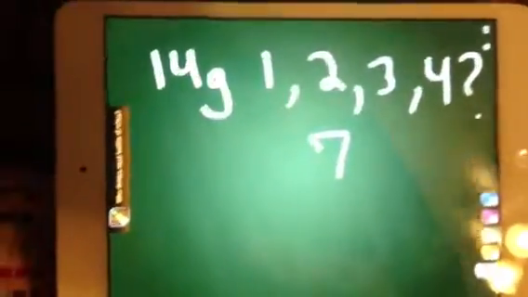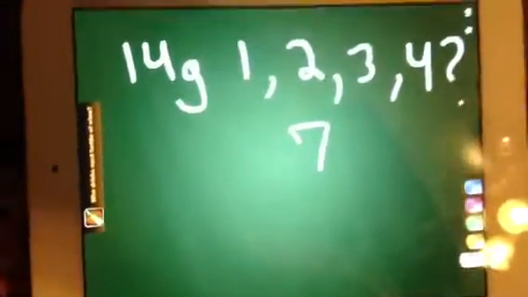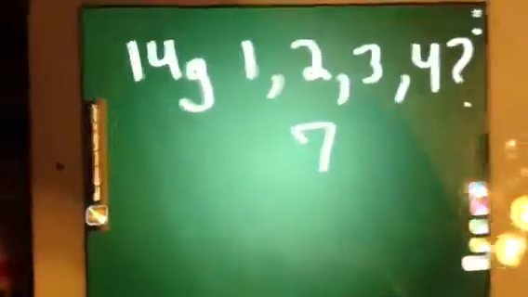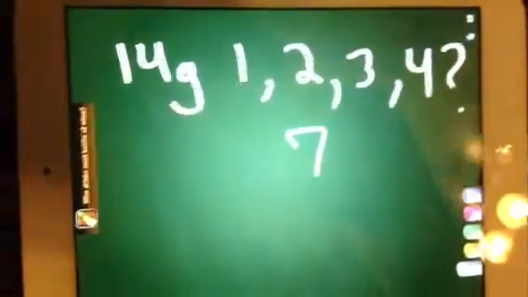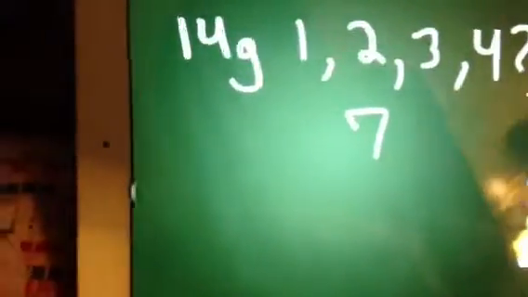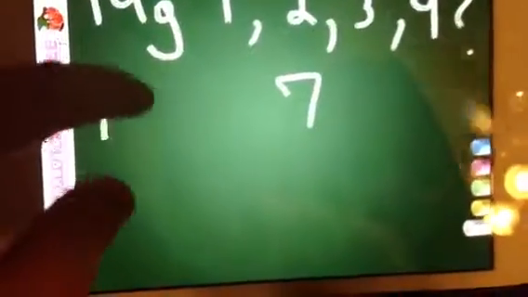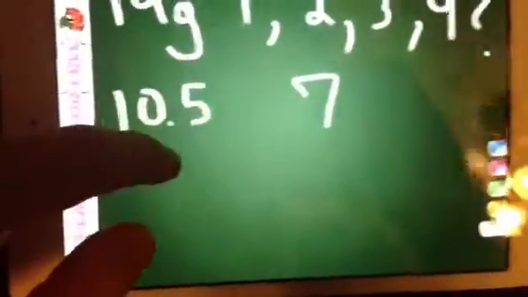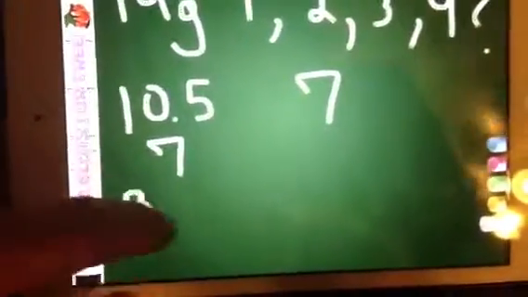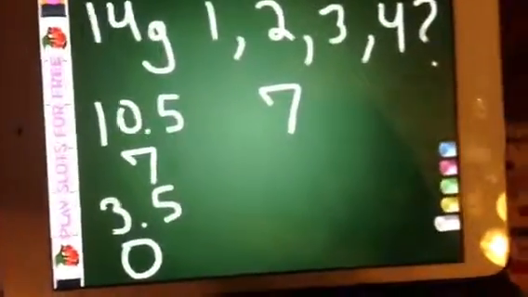So the way we can do this is that if after 2 days we have 7, we know that that's pretty much a quarter every day that 14 grams has lost. So a quarter of 14 is 3.5. So 14 minus 3.5 is 10.5. Then we have 7. Then we have 3.5. And then we have 0. So after 4 days, all this sample is gone.